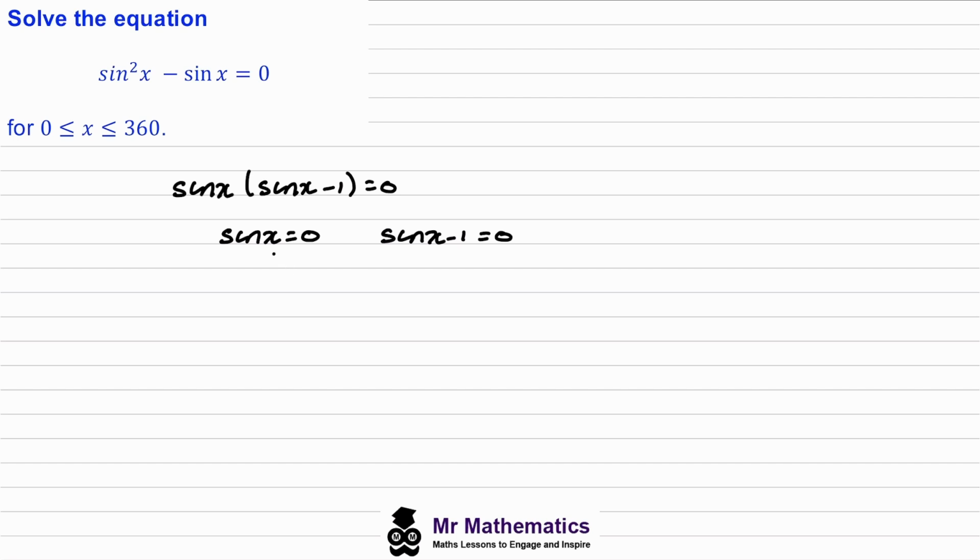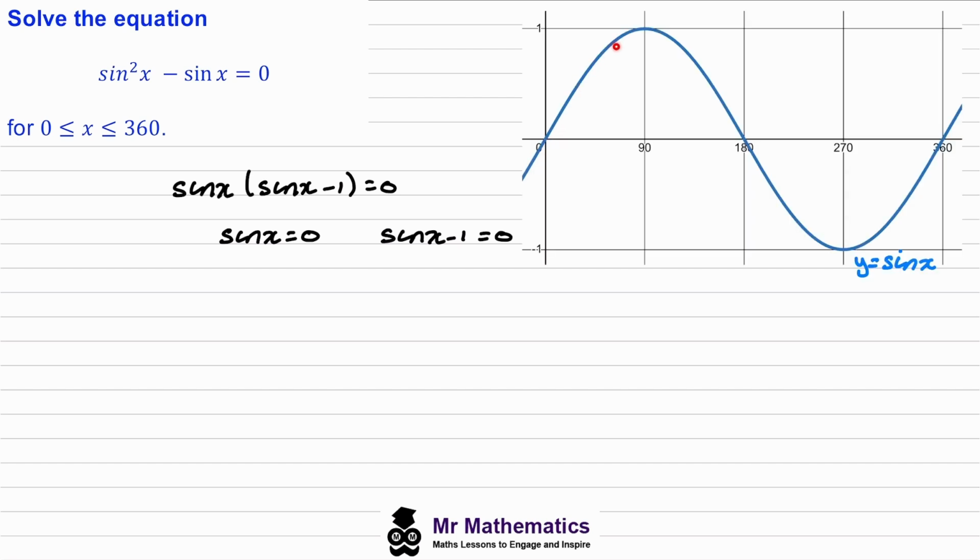And then to find the x values within this range, we need to sketch a sine graph. So we've got y equals sine x here, and to find the value when this equals 0, well, this will be at this point, when x equals 0, when x equals 180, and when x equals 360. So these will be three of our solutions, 0, 180, and 360.